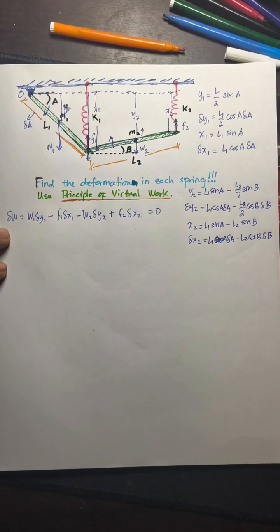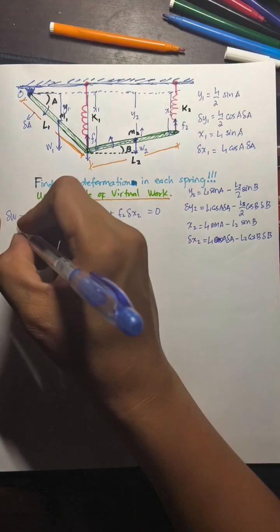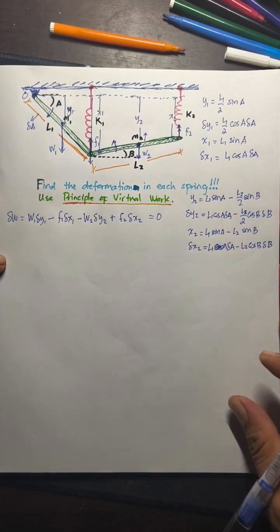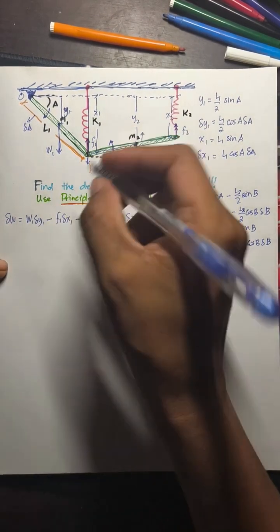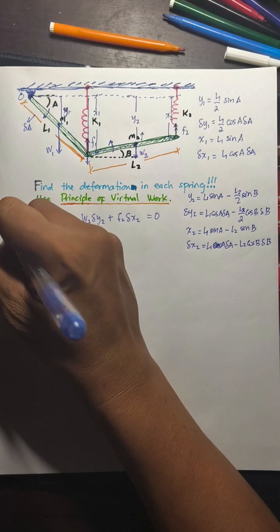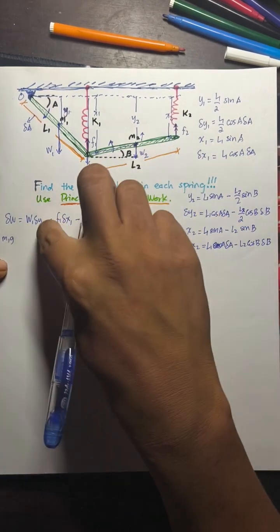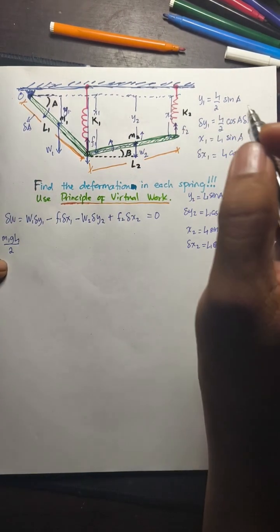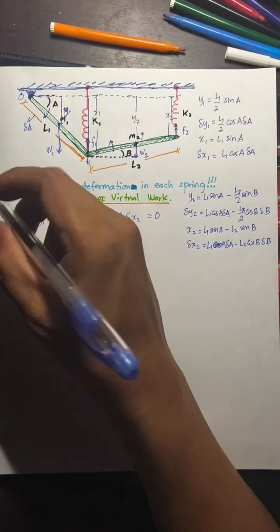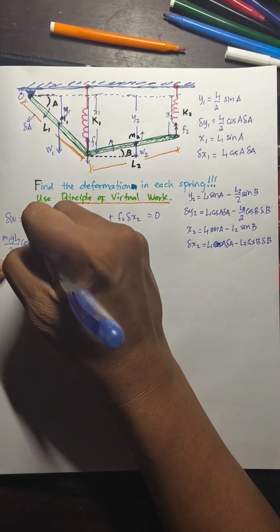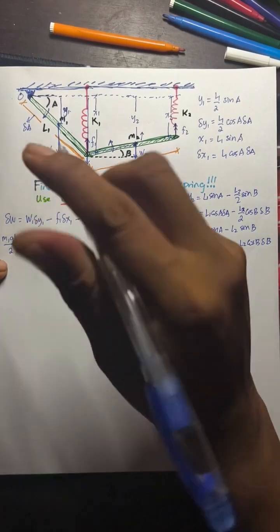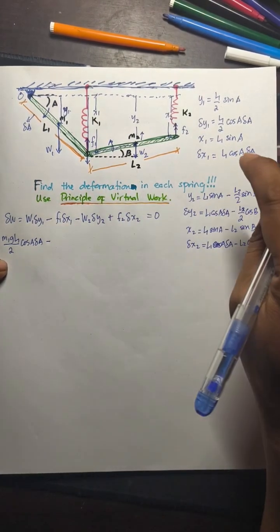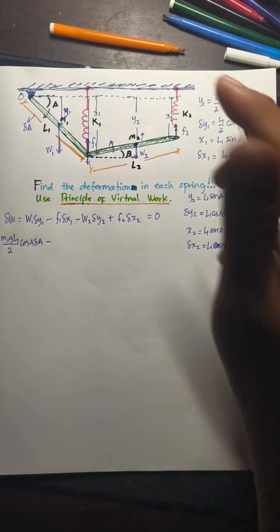Okay, so weight 1 is just equal to, I think I have to compress my writing. Weight 1 would be M1 G times delta Y1, which would be L1 over 2, cosine A delta A, and then this is F1 delta X1. Now, what is F1?